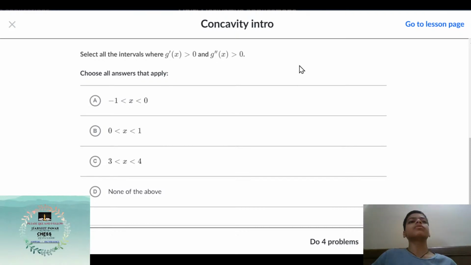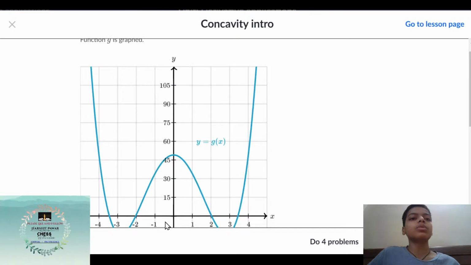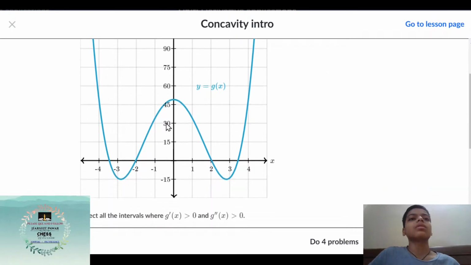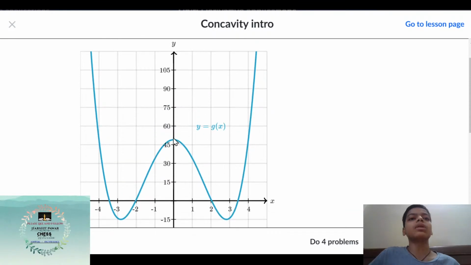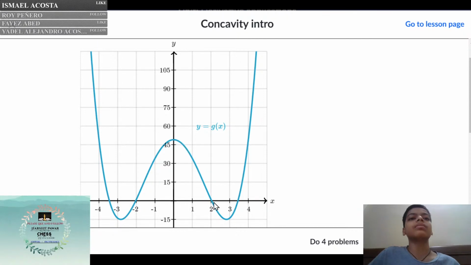So we have an interval -1 to 0. What are we doing in that interval? We are decreasing because our slope is approaching 0. Let's see in this one, 0 to 1. We start from 0 and are decreasing.